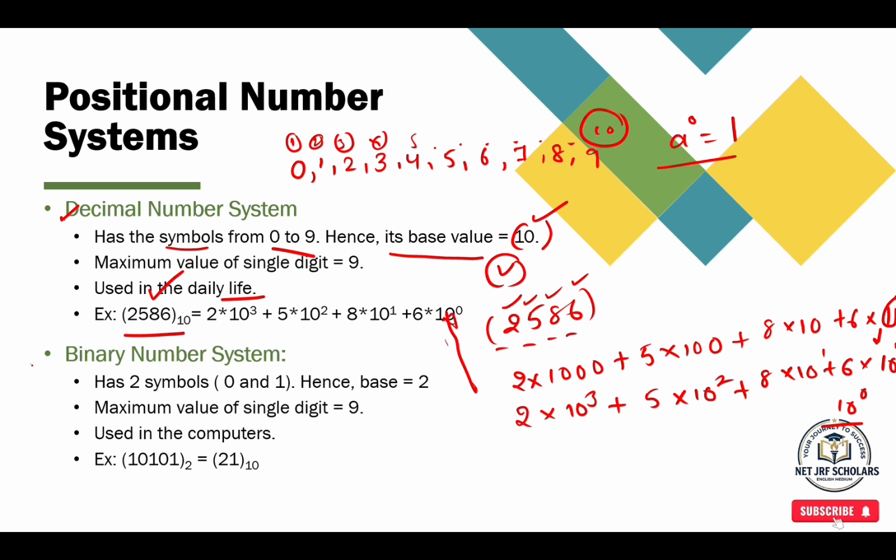Next we have the binary number system. In this system we can only see two numbers, that is 0 and 1, and hence the base is only 2. The maximum value of a single digit here is 1, because we have only 2 digits, out of which 1 is higher.